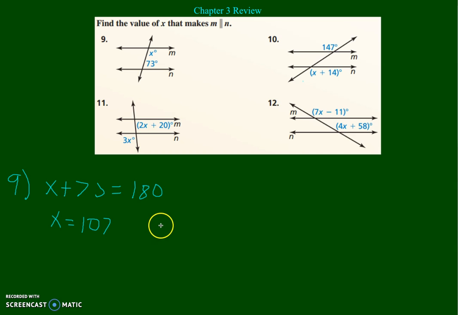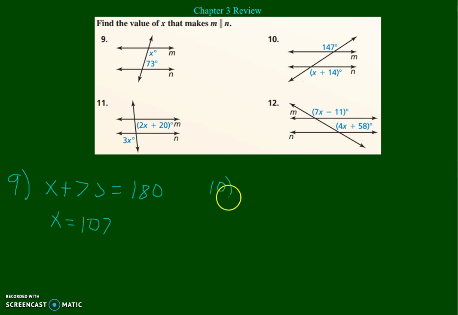Now, problem 10. In problem 10, we have two alternate exterior angles. If two lines are cut by a transversal so that the alternate exterior angles are congruent, then the lines are parallel. That is, the alternate exterior angles converse. So these two angles have to be congruent, which means their measures have to be equal.